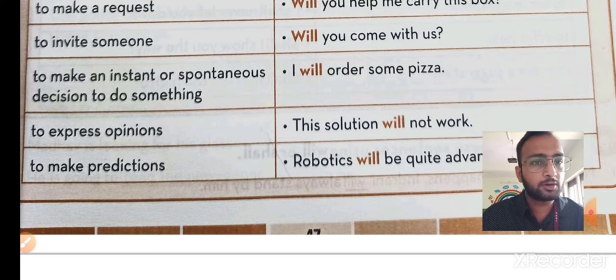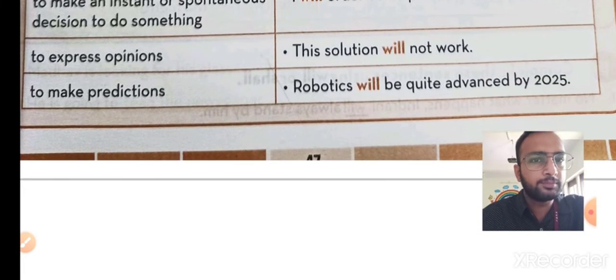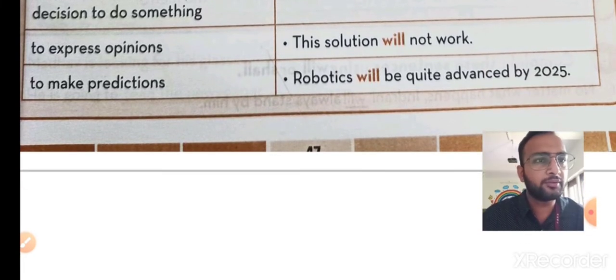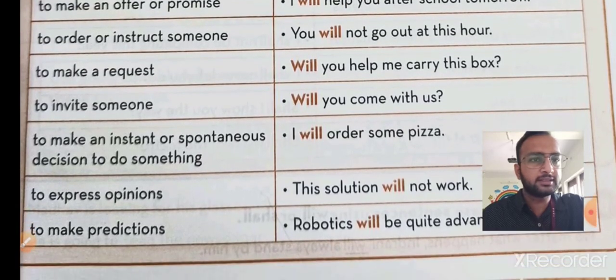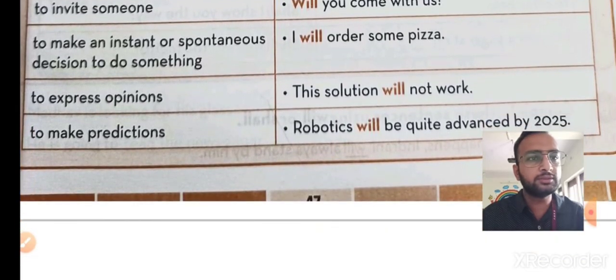To express opinions: this solution will not work. To make predictions: robotics will be quite advanced by 2025. So basically all these sentences describe how we use the word will for describing future tenses.